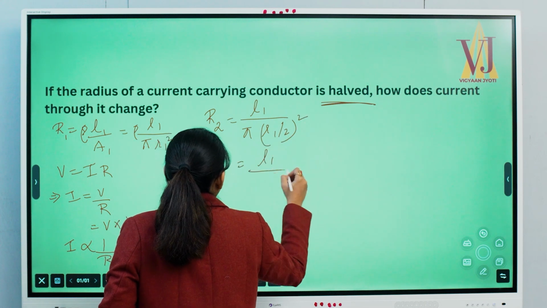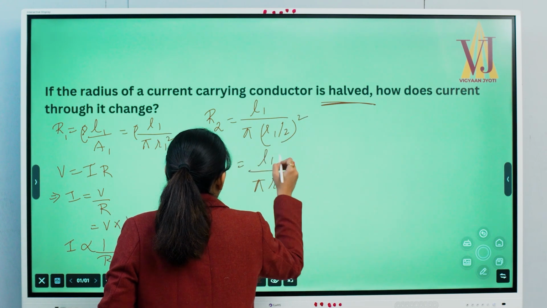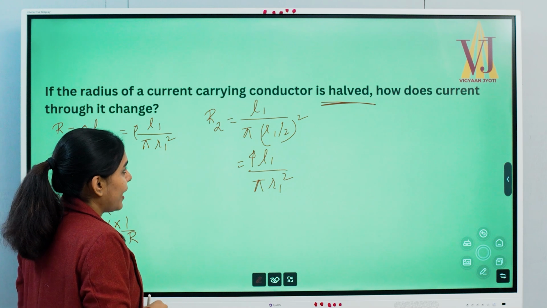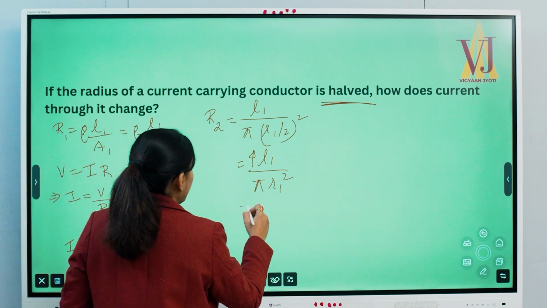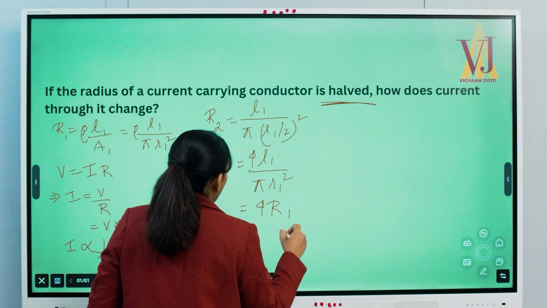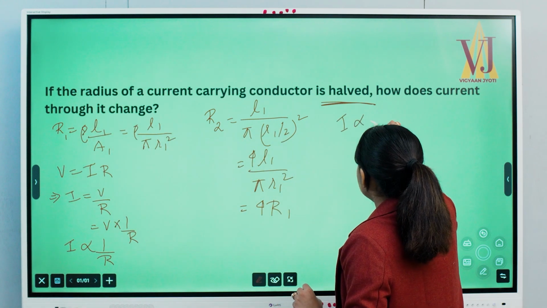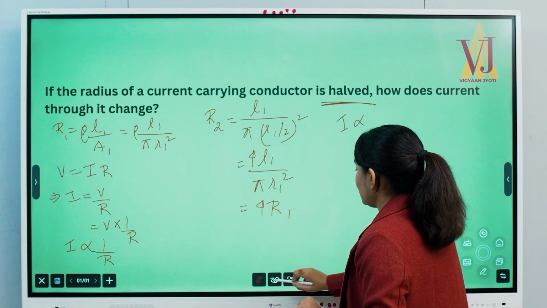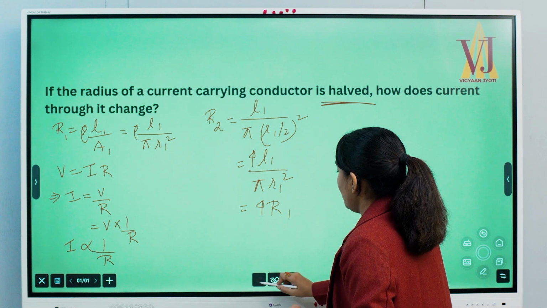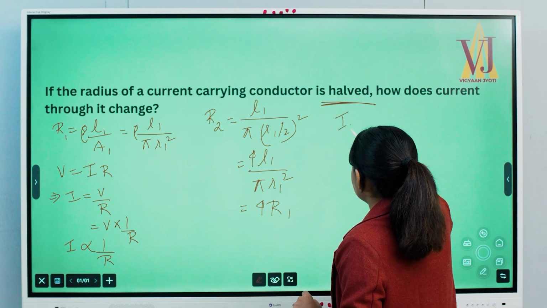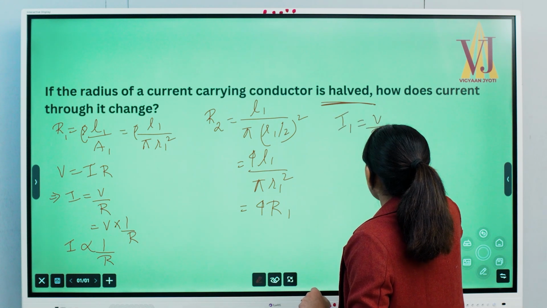So L1 by pi R1 square, and the 4 will go up. So it is 4 times my old resistance. Clear? Now we will establish this. With respect to I, first case, I equals V by R1.